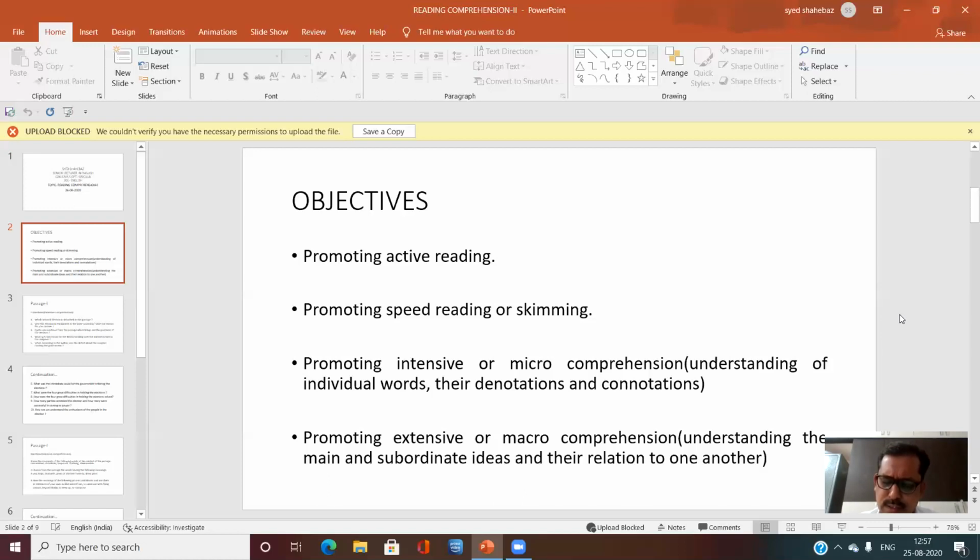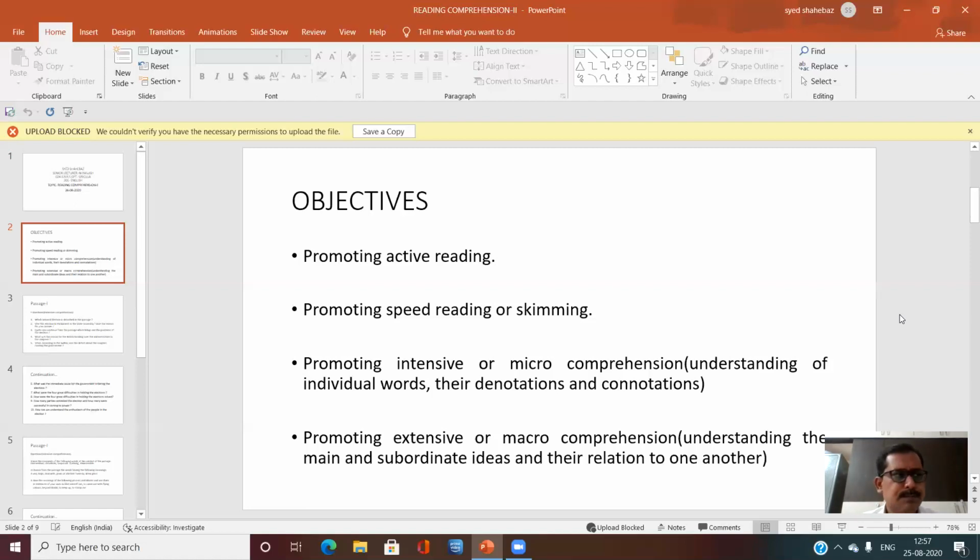But this comprehension itself is of two levels: intensive or micro comprehension, and extensive or macro comprehension. While intensive or micro comprehension involves the understanding of individual words, their denotations and connotations, extensive or macro comprehension refers to the understanding of the main and subordinate ideas and their relation to one another.